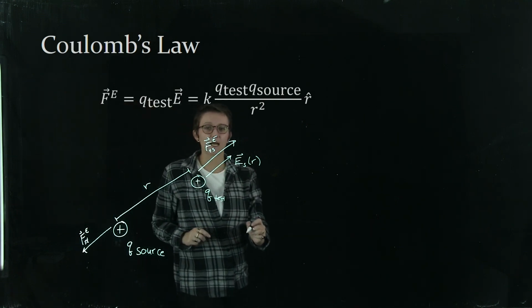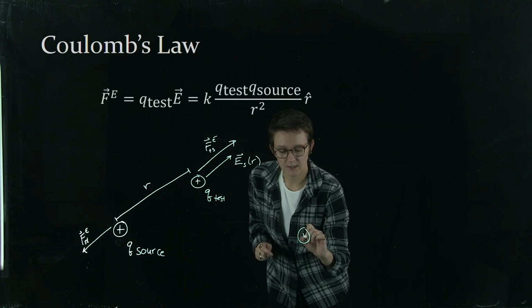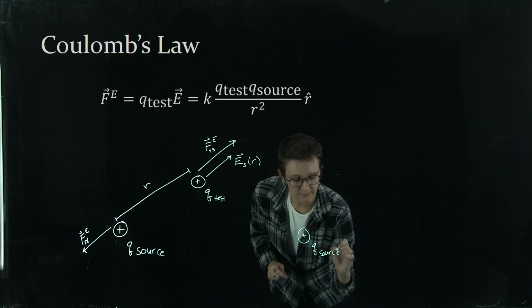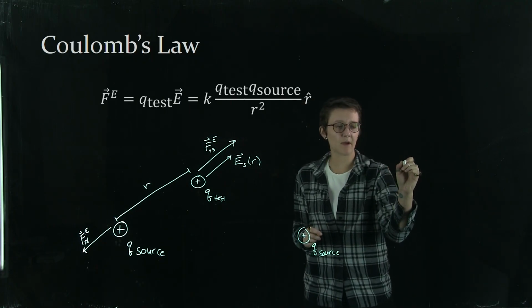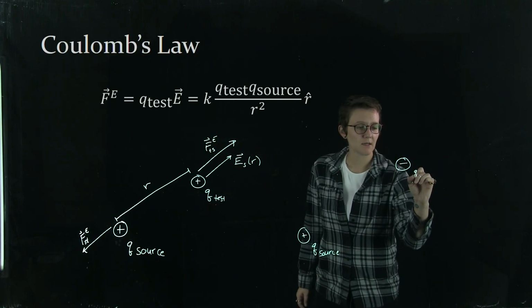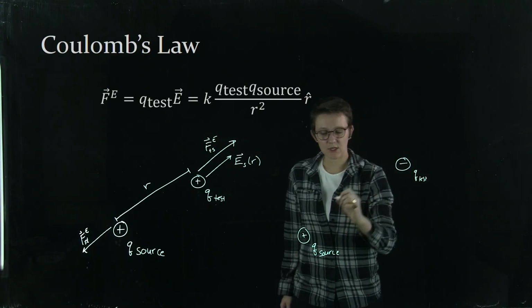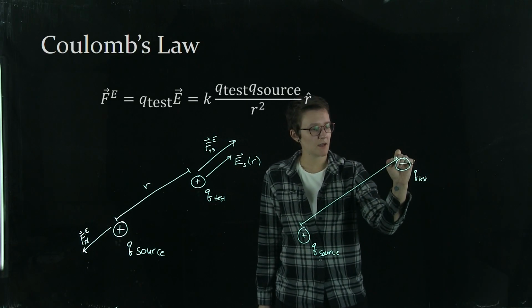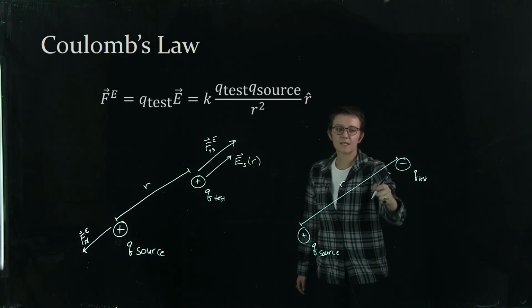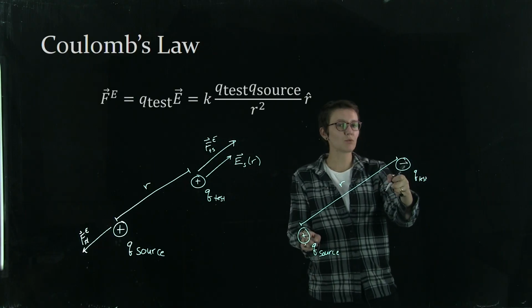Now in contrast, I could think about, here's another Q source. Let's leave this one as positive. And now let's say I have a negatively charged test charge out here. So at this location, here's still my radial distance r away from the source charge. At this new location, my electric field hasn't really changed, right?